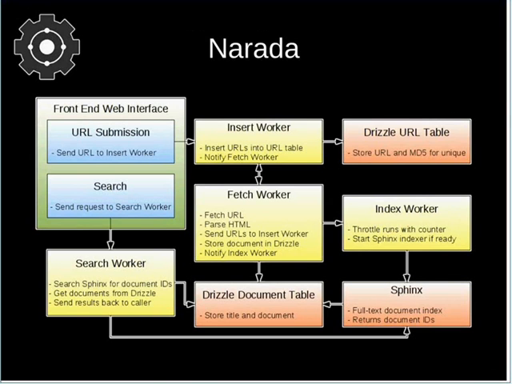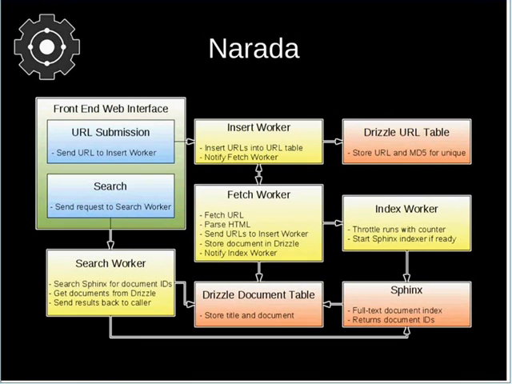What you're able to do with Narada is take that and send it into a queue of URLs that need to be inserted. And this first worker, all it does is take that URL, normalize it, make sure it's a valid URL, do a number of other things, make sure it's not a duplicate of one that's already in the system, and then it stores it inside of the database table.